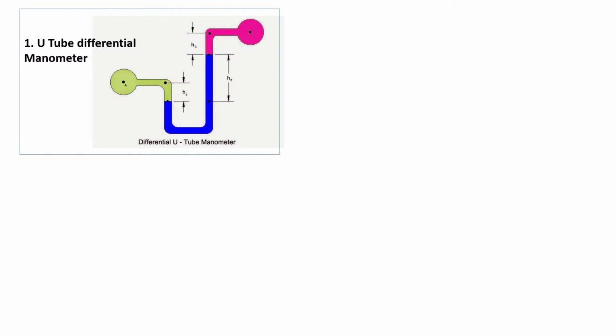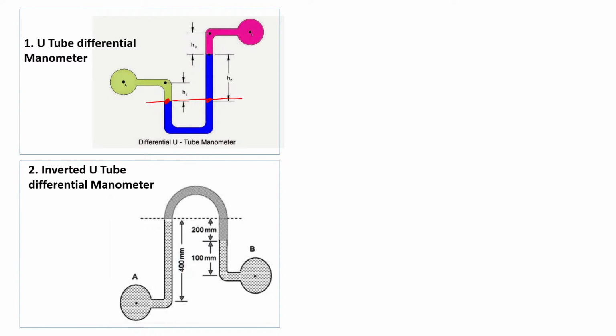So again, the thing is same, like we have to just draw one datum line and balance the pressures at the datum line. So pressure at this point and pressure at this point is same. So by using that, we can find out the pressure difference between these two points. Likewise, inverted U-tube manometer is also there. So in this case also, we can find out the pressure difference between these two pipes, that is PA and PB.